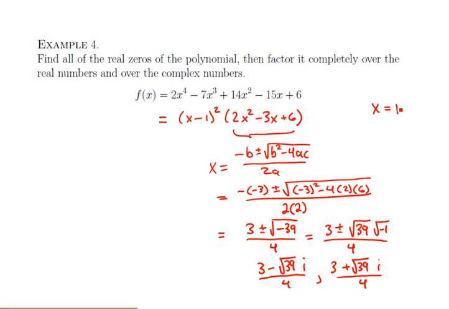So there are 4 zeros counting multiplicity, x equals 1 with multiplicity 2, and these two complex zeros each with multiplicity 1.